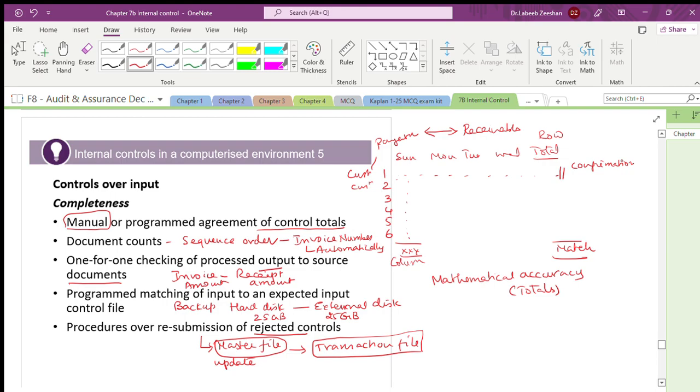As simple as that. Most of the cases we are working on automation. Every other case, even the smallest of the smallest businesses, are using swiping machines.